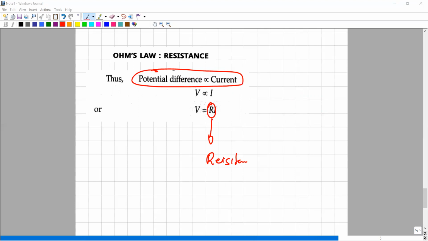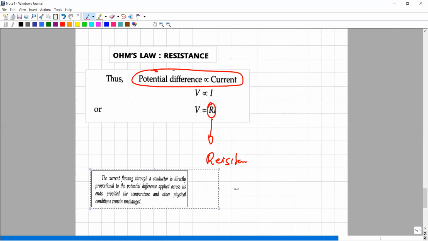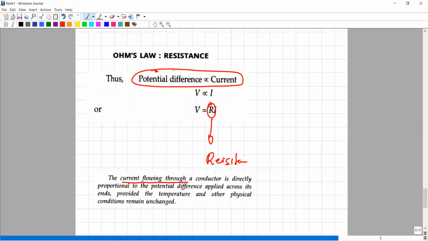So what would be the formal definition of Ohm's law? Current flowing through the conductor is directly proportional to the potential difference applied across its ends, provided the temperature and the other physical conditions remain unchanged.